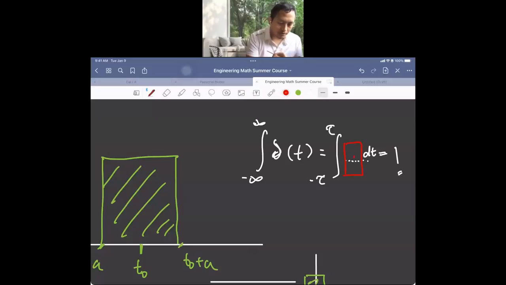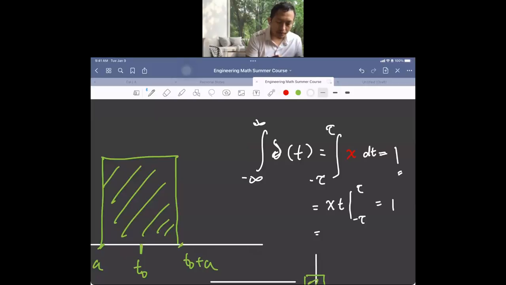The something inside we can take as just a constant, 1 over 2 tau. Let me just write x to give you why we get this 1 over 2 tau. x is just a constant, so x times the integral of dt from negative tau to tau should equal 1.